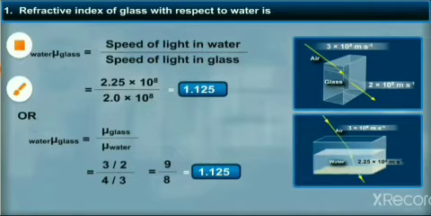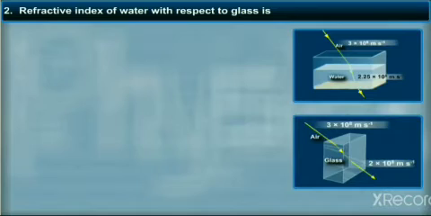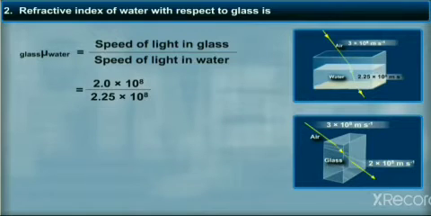Which equals 1.125. Refractive index of water with respect to glass is equal to the speed of light in glass upon the speed of light in water, which equals 2.0 × 10^8 upon 2.25 × 10^8, which equals 0.89.